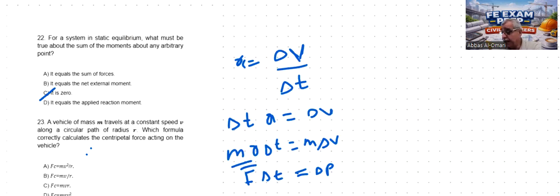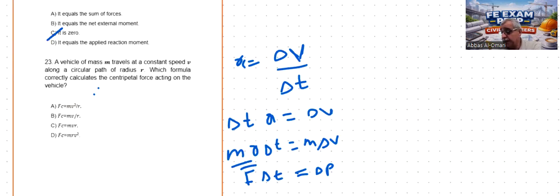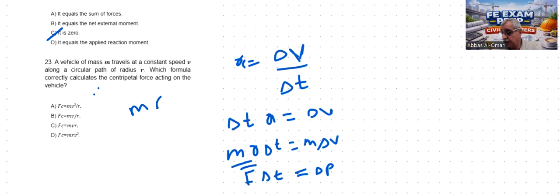A vehicle of mass m travels at a constant speed v along a circular path of radius r. Which formula correctly calculates the centripetal force acting on the vehicle? The centripetal force is m v squared over r. This is a very well-known formula.